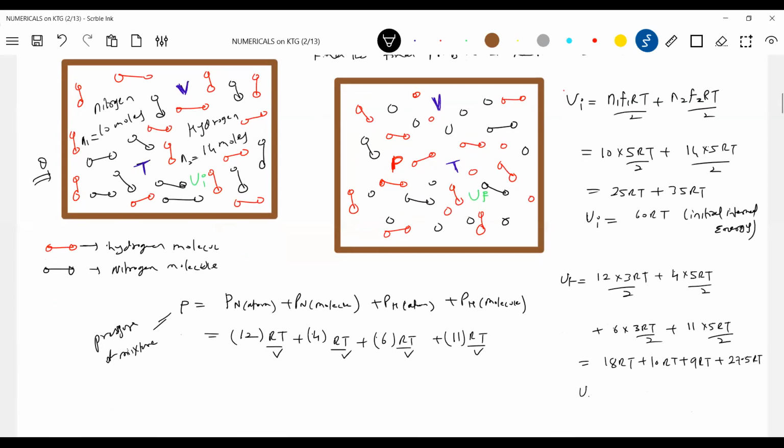Will it be less than or greater than the initial? The final internal energy got increased, no? So therefore, who should supply? The external agent. So UF minus UI will be 4.5RT. Heat is to be supplied.